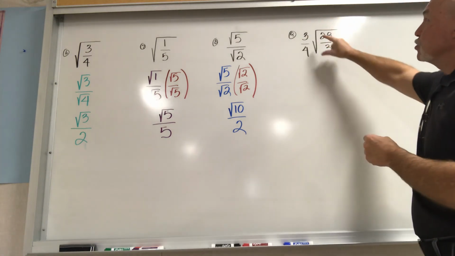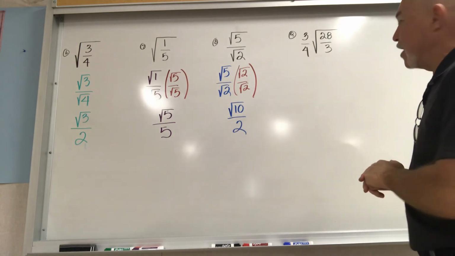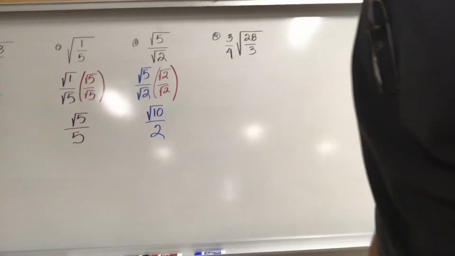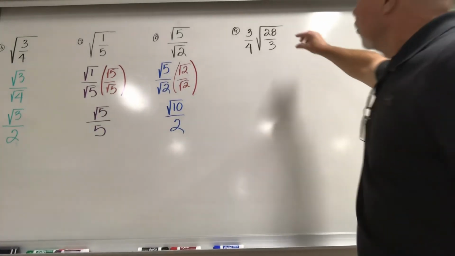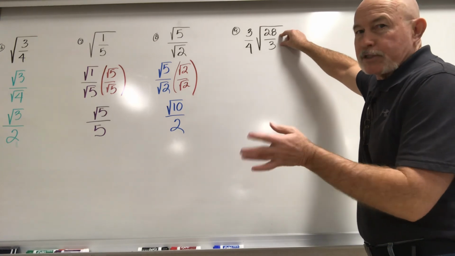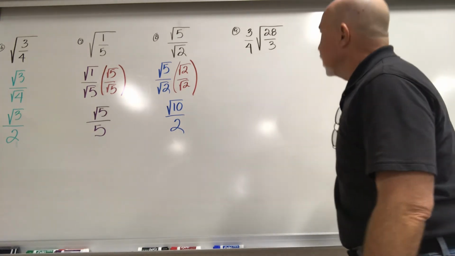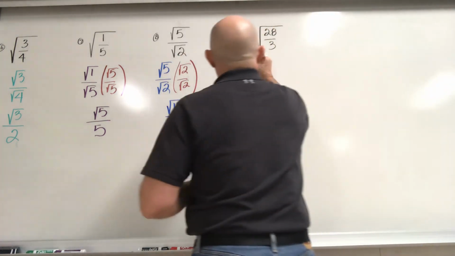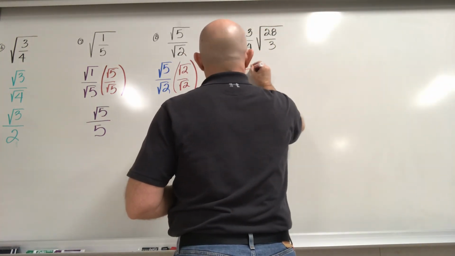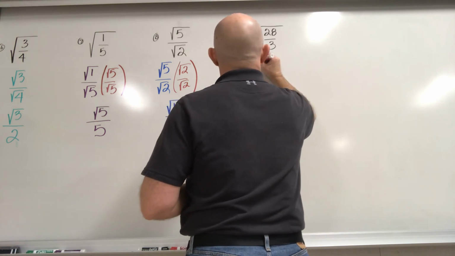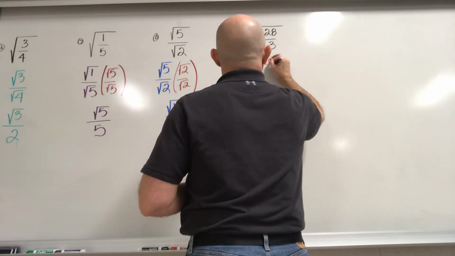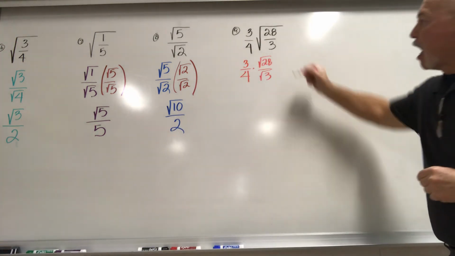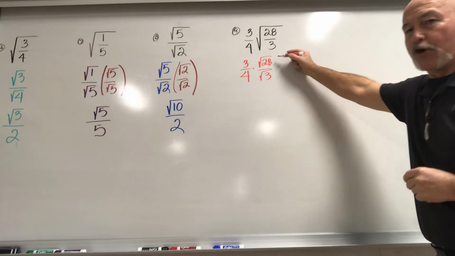Okay? Our last one. We have a fraction outside a radical, okay? And we're multiplying. So, here's what we're going to do. This cannot be divided. 3 doesn't go into 28 evenly. So, what we are going to have to do here is break it down. So, okay, I want to simplify this first.